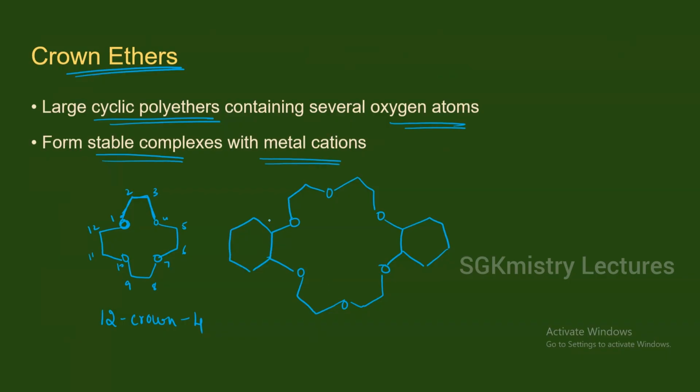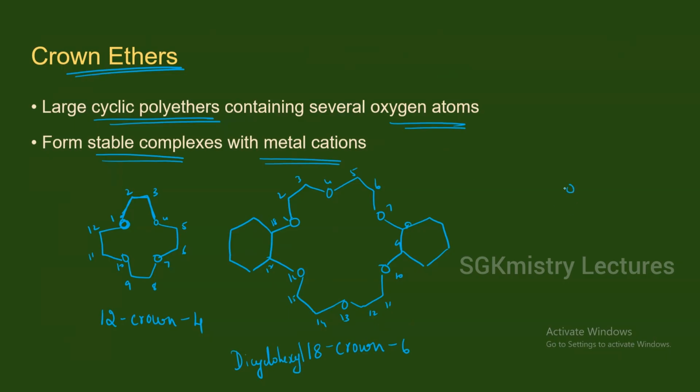First count the number of atoms in the ring. 1, 2, 3, up to 18, right? So it will be 18 crown. How many oxygen atoms are there? 6. But again, there are 2 cyclohexyl rings. So I write dicyclohexyl 18 crown 6, right?